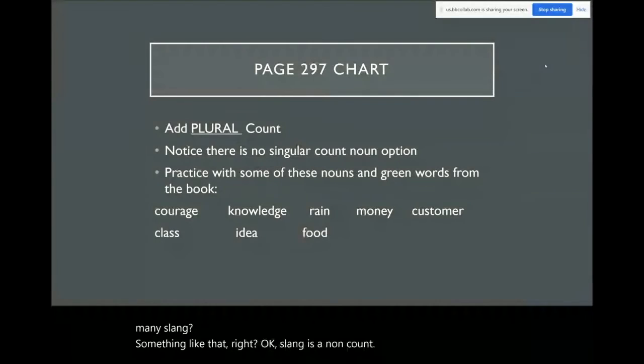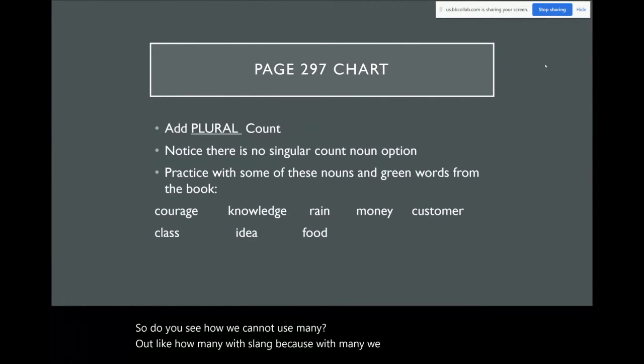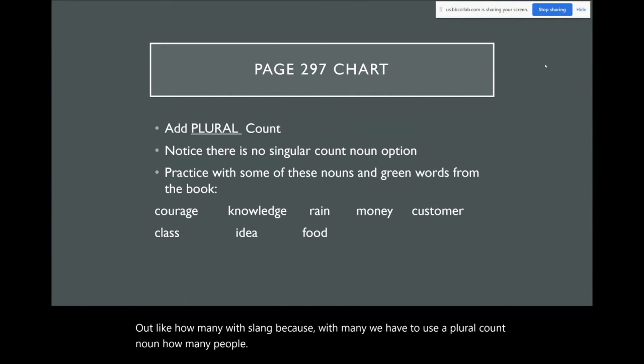Okay, slang is a non-count noun. So do you see how we cannot use many? How many with slang? Because many goes with the plural count noun. How many people? How many things? How many students? Okay, good.